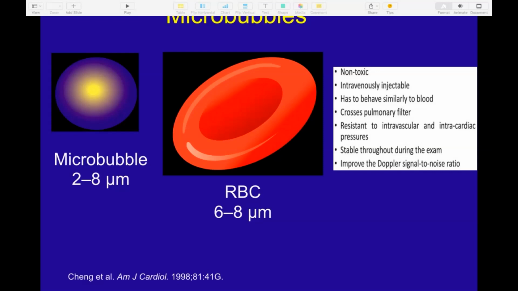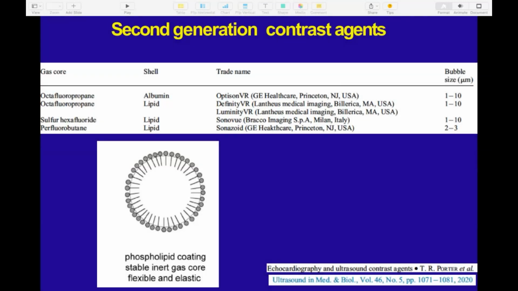They have to cross the pulmonary filter. They should be resistant to intravascular changes in pressure, and they should be stable when they face the ultrasound beam. And obviously, they should improve the Doppler signal-to-noise ratio. Most of the microbubbles we're going to be talking about are less than 8 micrometers.